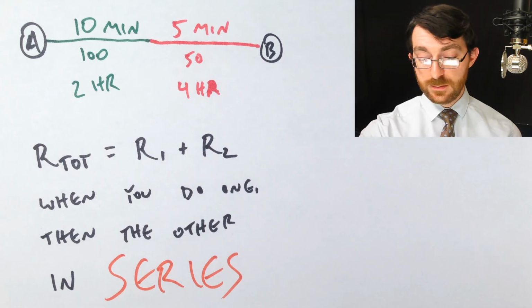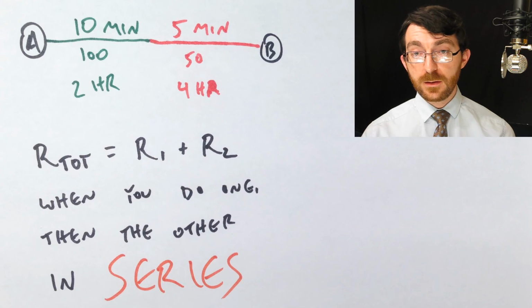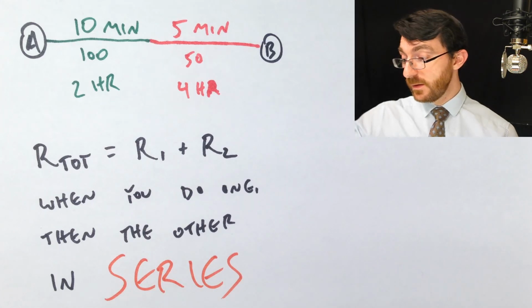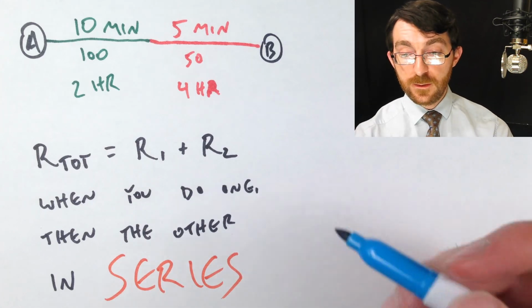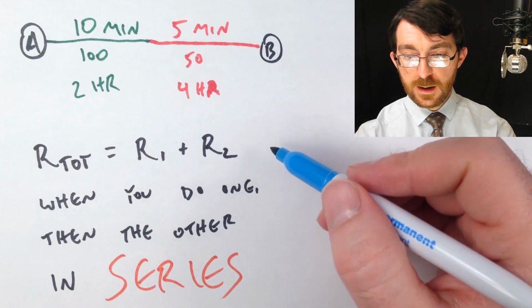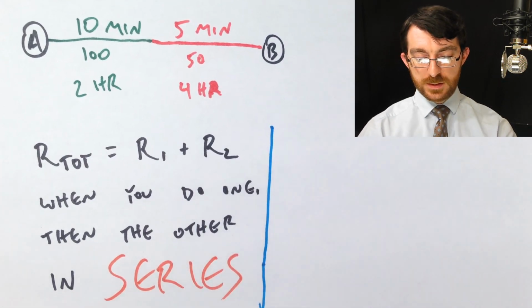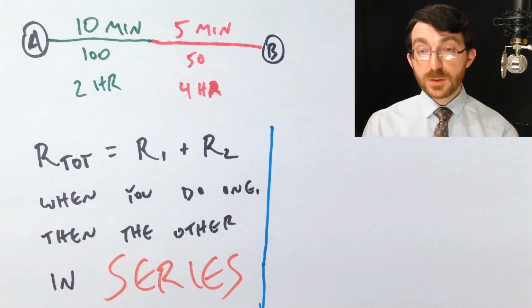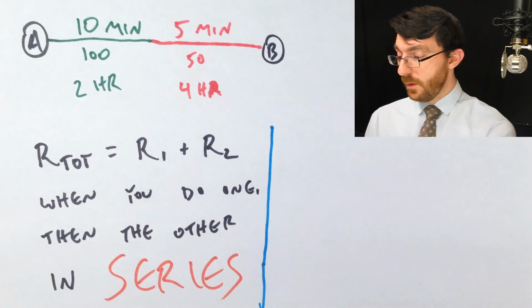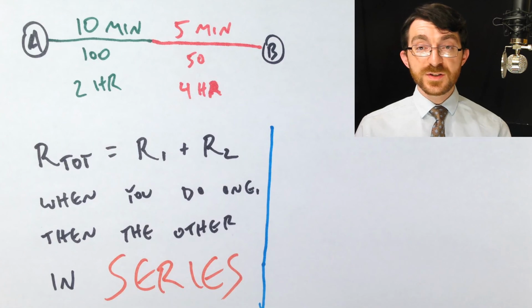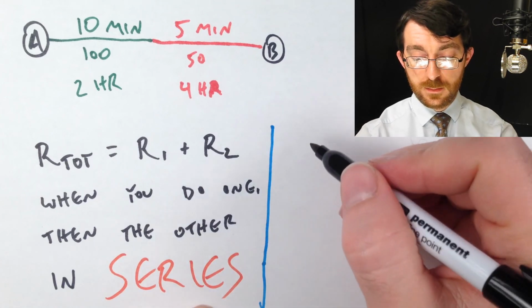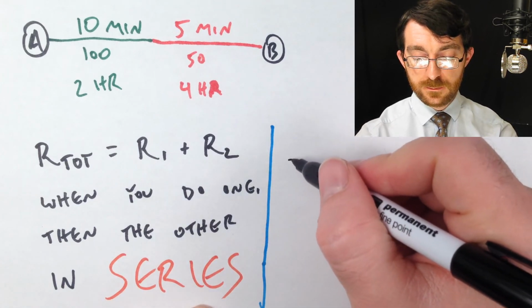Okay, so we've got two different ways of combining resistance in a circuit. We've got in parallel and in series. Let me draw a line so I can divide this up and put this finally on this slide here. So when you've got two resistors in parallel, it looks like this.